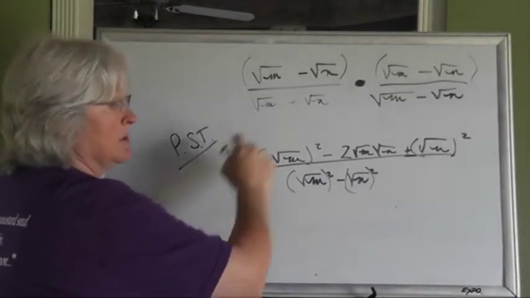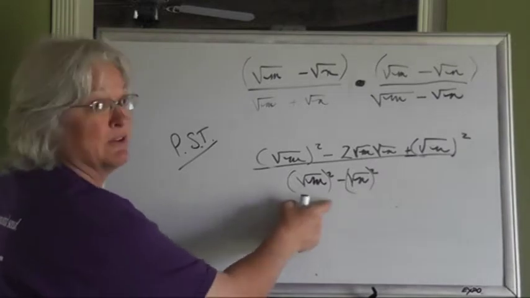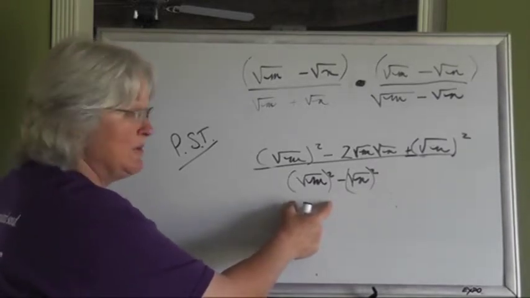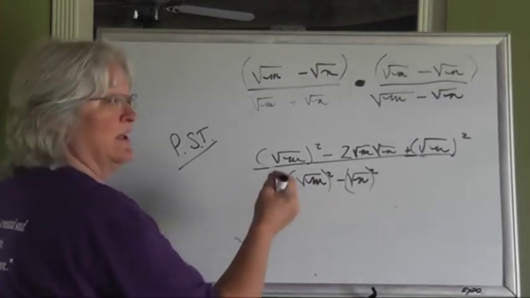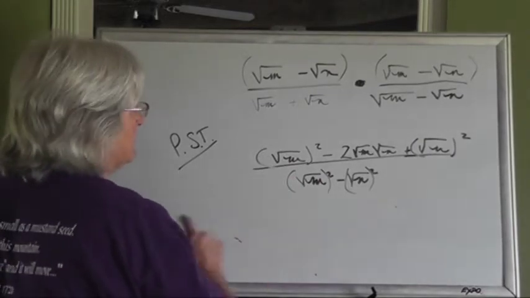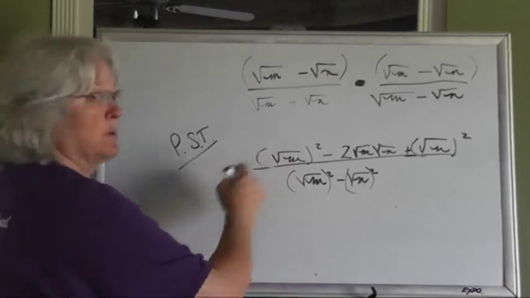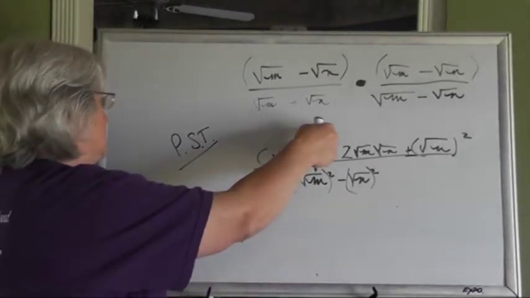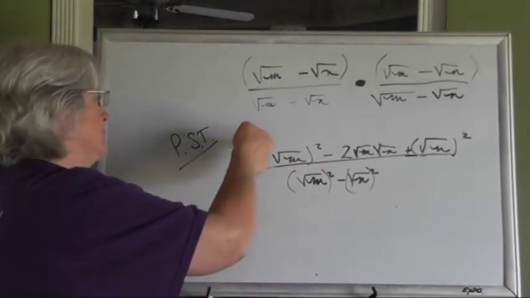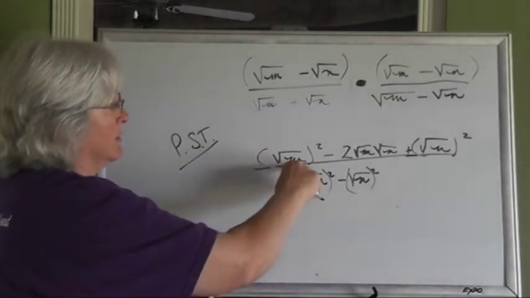Make sure that you get your radical symbols. There's a big difference between the square root of m squared and m squared itself. Okay, now what you have, the square root of m squared, the root is squared.